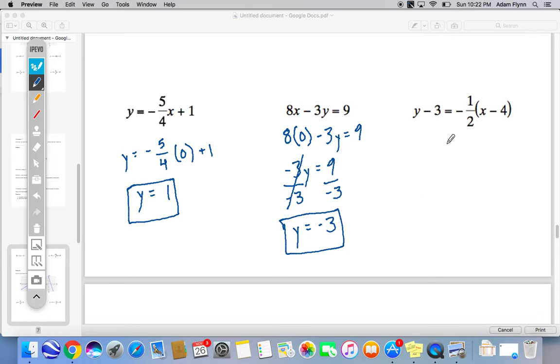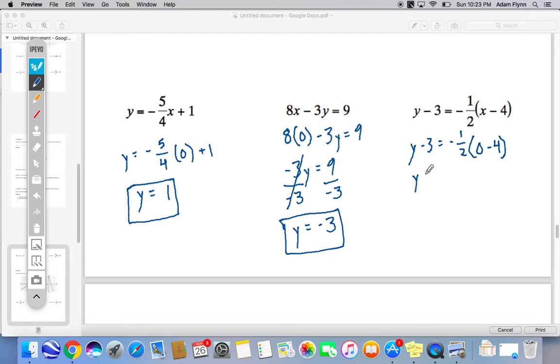Next example, I have a line in point slope form. So I have y minus 3 equals -1/2. Instead of x, I'm plugging in 0, because I know whenever I'm looking for a y-intercept, my x-coordinate will be 0.